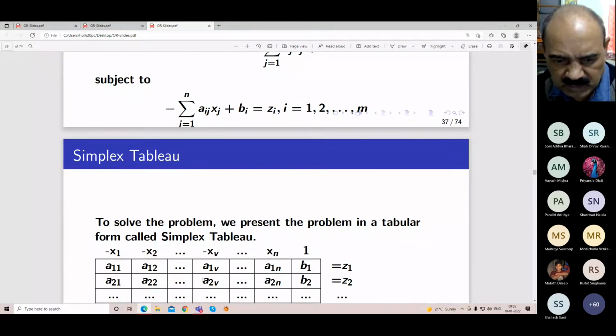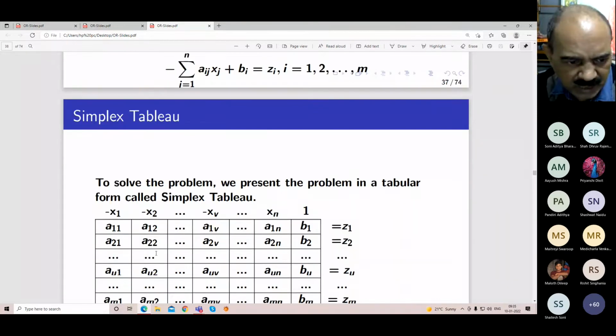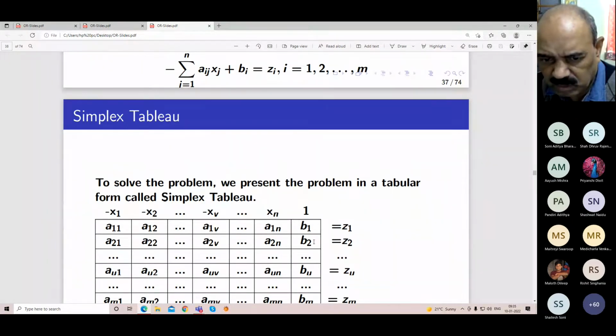Similarly, the second equation: a21 into minus x1, a22 into minus x2, a2j into minus xj, and finally a2n into minus xn. This will be a minus sign, so I will correct it. b2 into 1 equal to z2, in this manner.